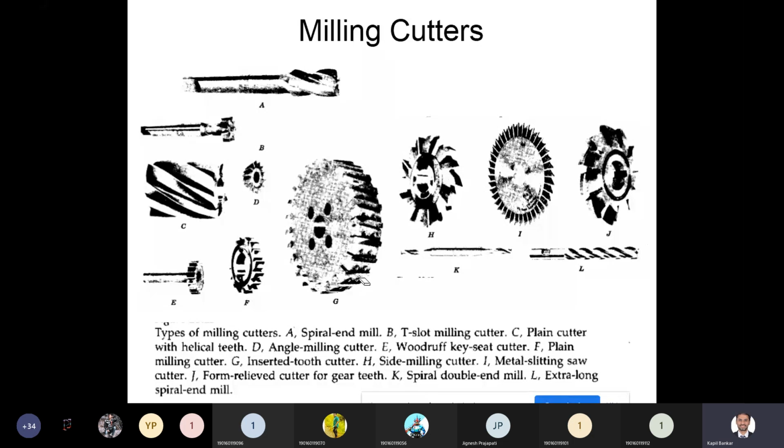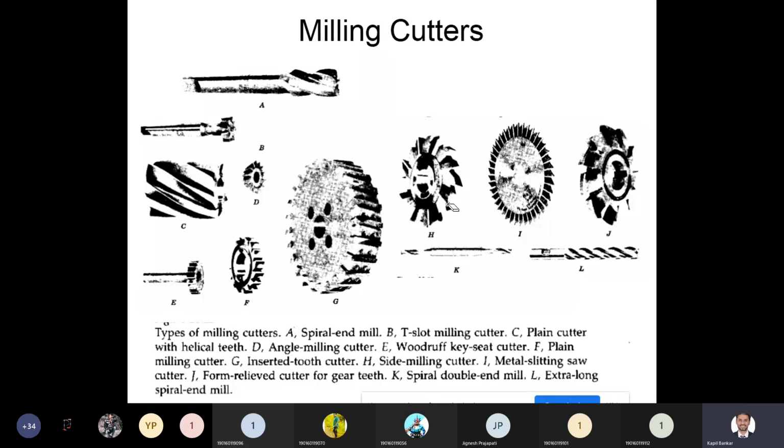Then inserted tooth cutter. This is called inserted tooth cutter. This is called side mill cutter. Here, see, this is called plain mill cutter. If only the cutting edges are on the periphery, that is called plain milling cutter. But if the cutting edges are on the side also, then it is called side milling cutter.